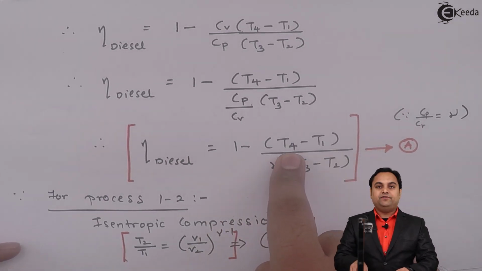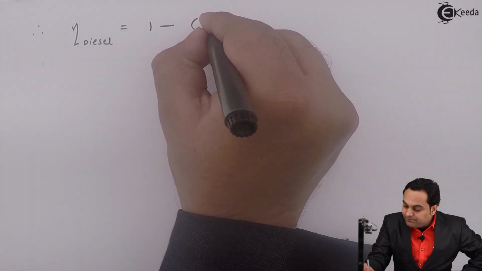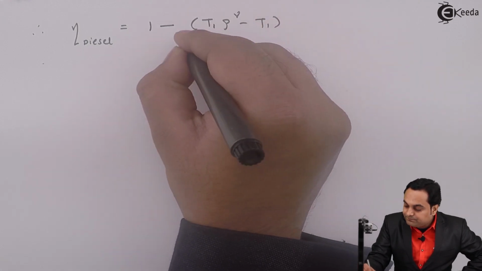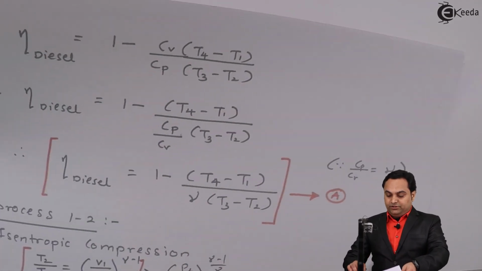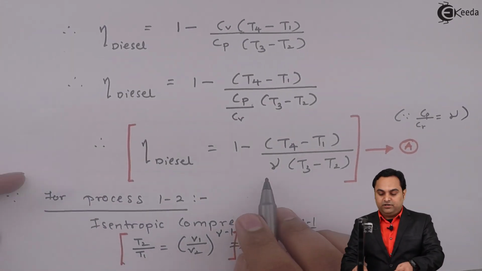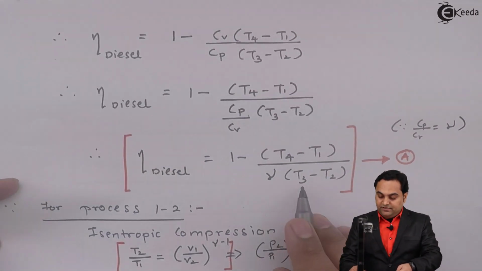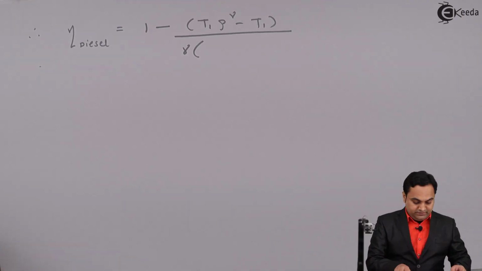So first I'll put the value of T4, and T4 is T1 into rho raised to gamma minus T1, divided by, in the denominator here we have gamma, which I'll keep as it is, and it is T3 minus T2. So I'll go on putting the values of T3 and T2.